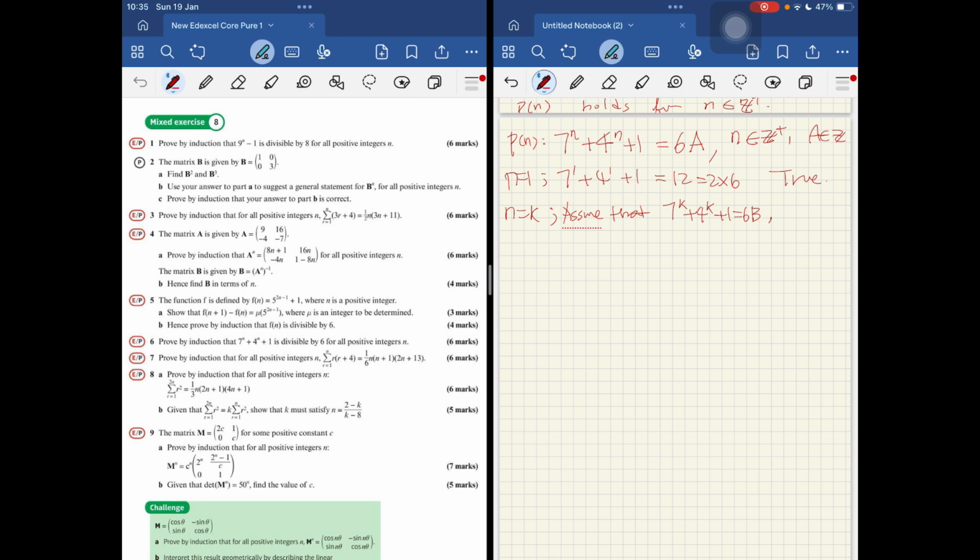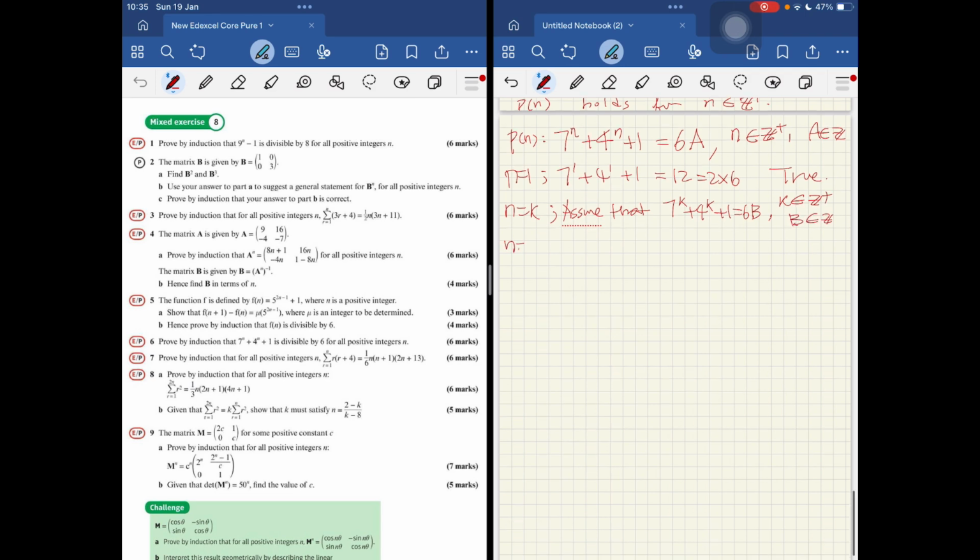So now it's the same for k plus 1: 7^(k+1) + 4^(k+1) + 1, which is 7 times 7^k plus 4 times 4^k plus 1.